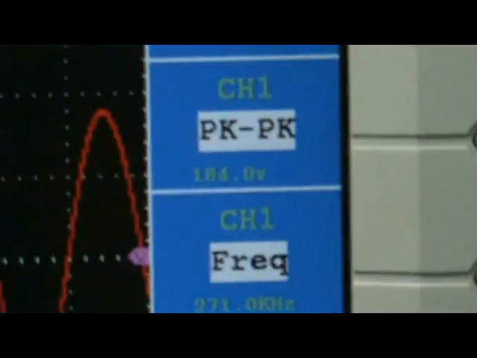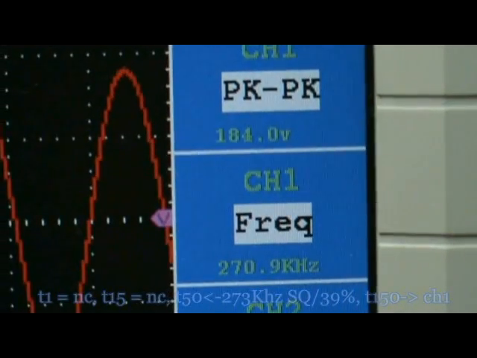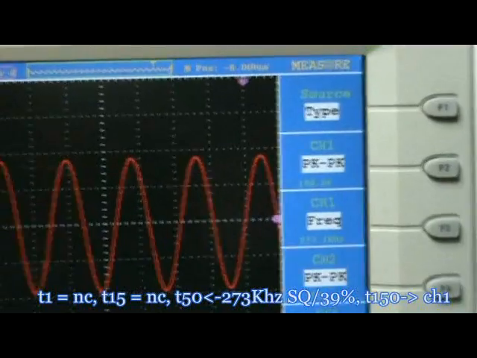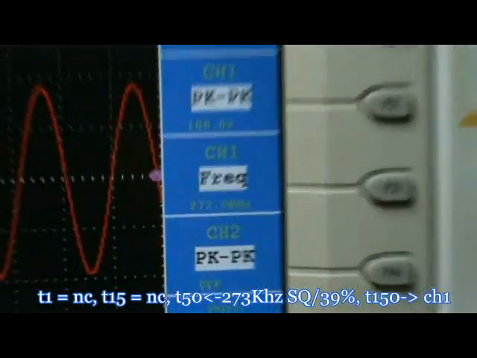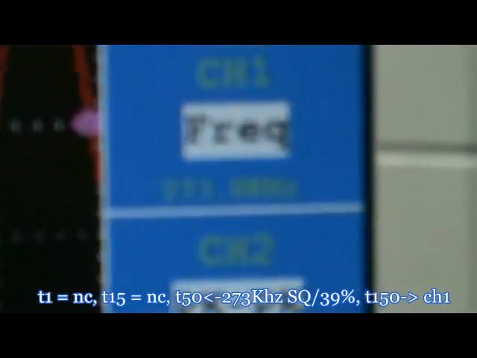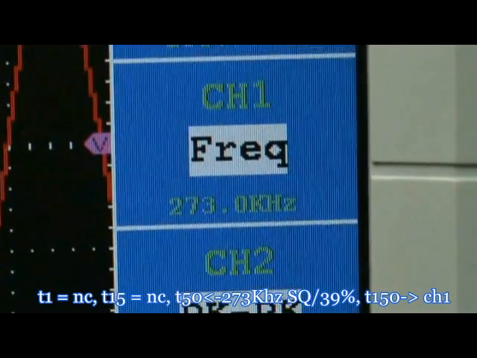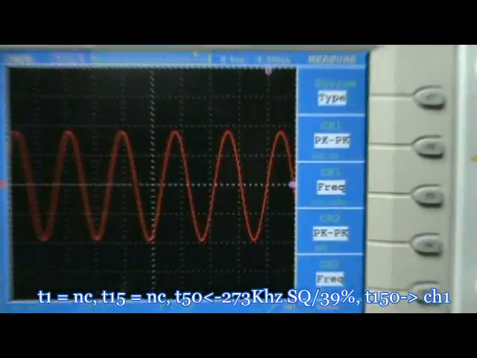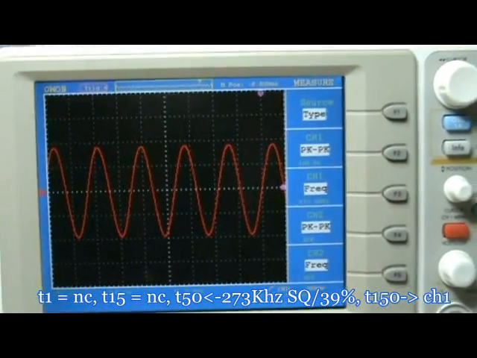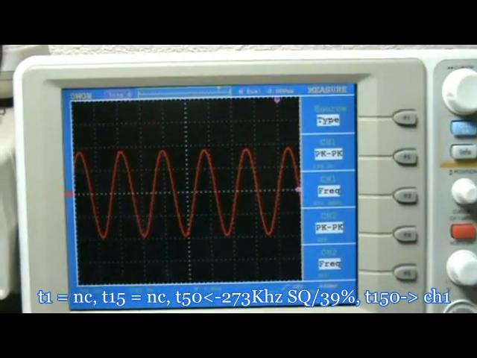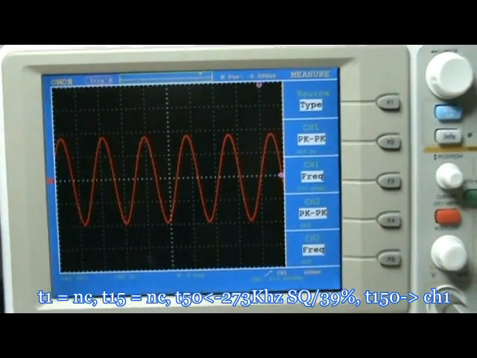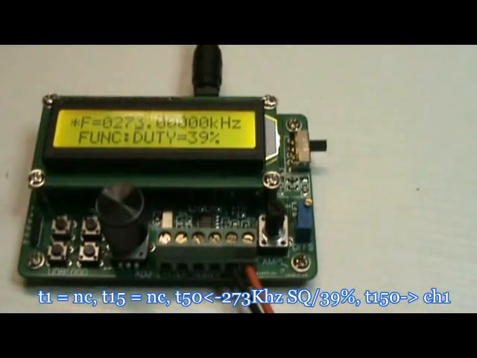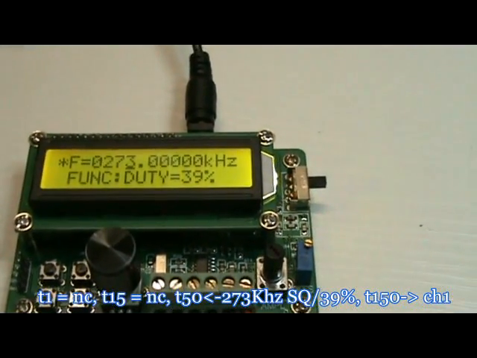The peak to peak is 188 volts. It's a nice sine wave. The frequency is 272 kilohertz, and that is the frequency I measured before. I think that's a resonance point of the bifilar coil, I'm not sure. But this is what I put in, 273 kilohertz.